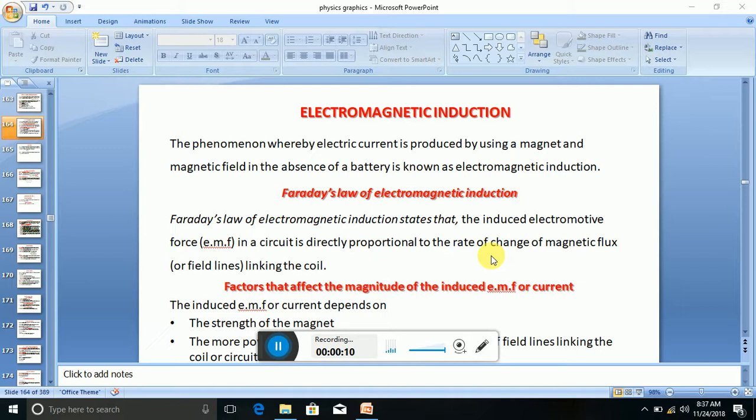Electromagnetic induction is the phenomenon whereby electric current is produced by using a magnet and magnetic field in the absence of a battery.